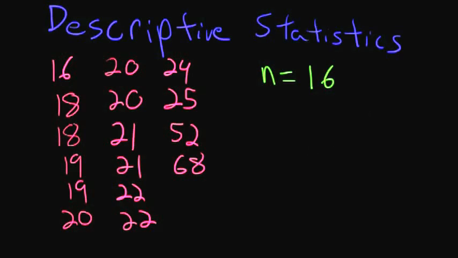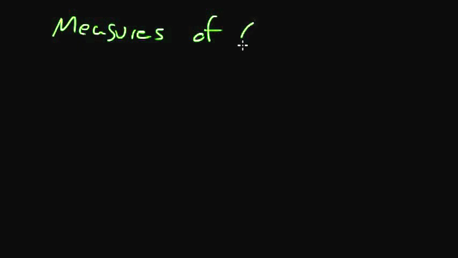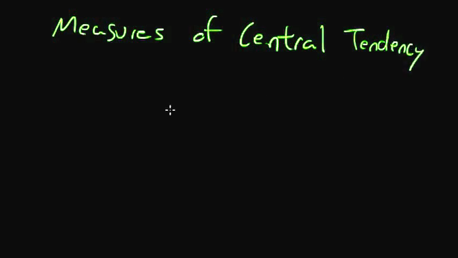Now, when we discuss statistics, there are different types of statistics. One of the first types in descriptive statistics is measures of central tendency, and we also have measures of dispersion, or how much our data is spread out.